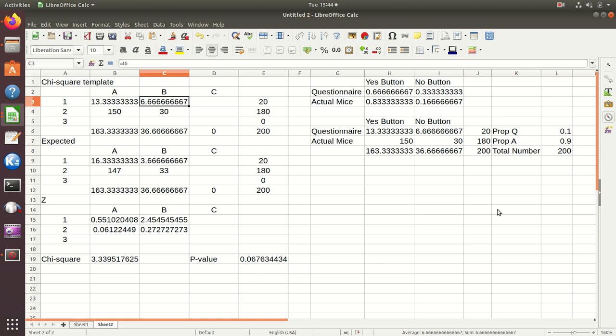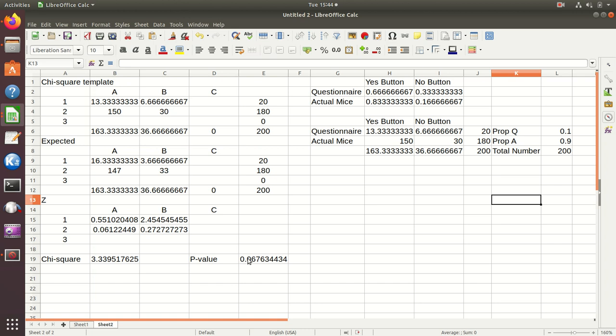of 0.067. So notice if I have a total of 200 participants, which seems like a lot, but 10% of them did the questionnaire and 90% the actual mice, it turns out that these data would not convince me something different was going on between those two proportions.